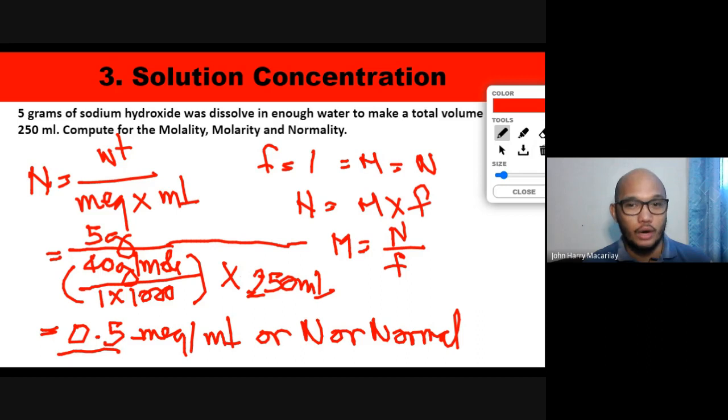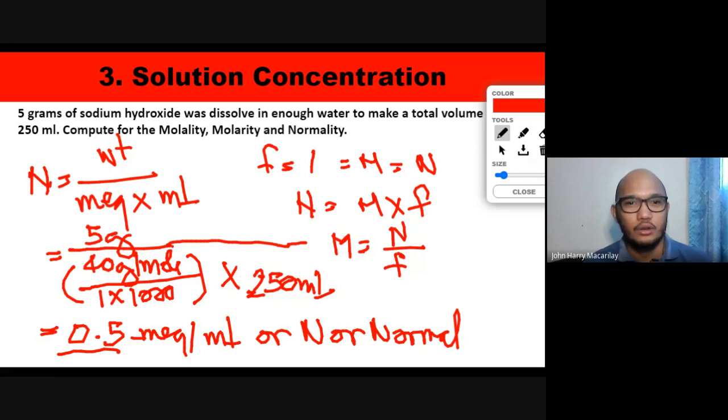If the factor is more than 1, molarity to normality is molarity times factor, so normality will have a higher concentration. Normality to molarity: molarity equals N over factor. So those are simple ways of converting molarity to normality or vice versa. That's for molality, molarity, and normality.